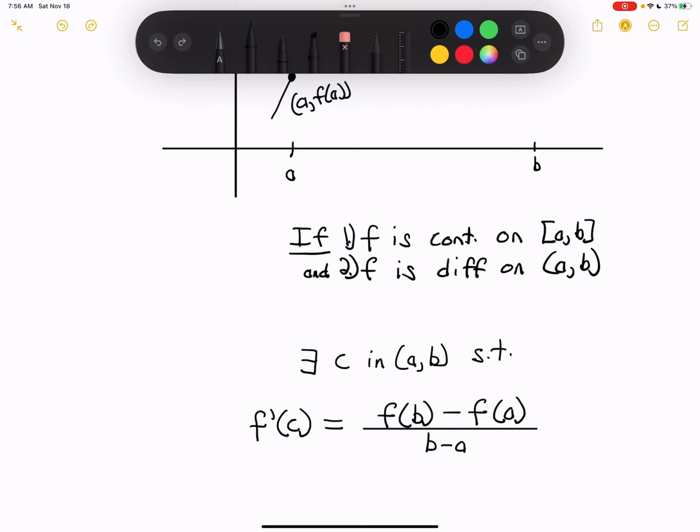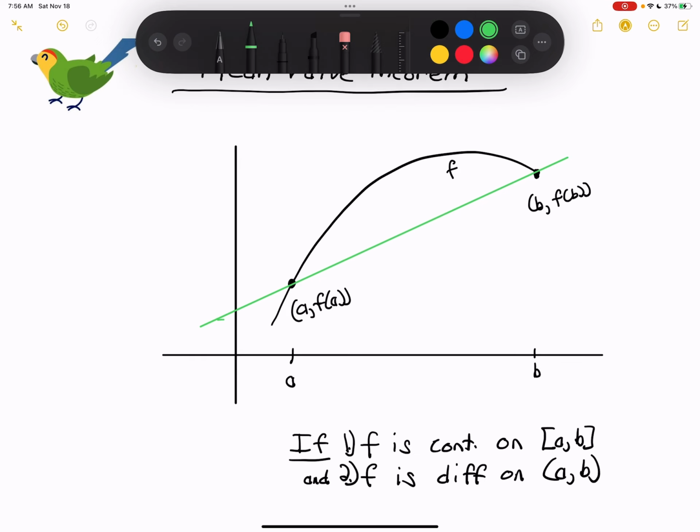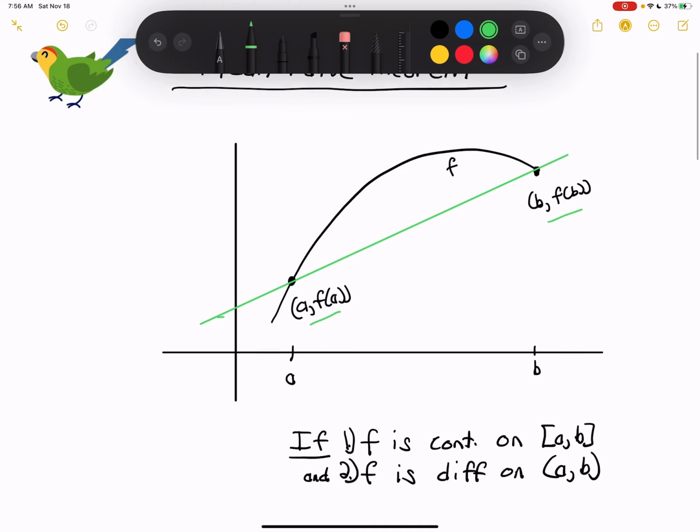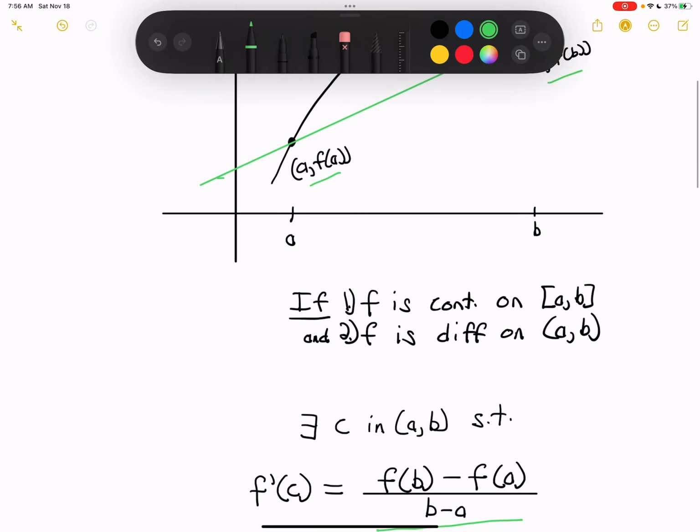So if I drew a line connecting the points a, f of a, and b, f of b, like so, well, this is a straight line, and this has a particular slope. To find the slope, you would just use the slope formula. I have 2 points, a, f of a, and b, f of b. And this is the formula for the slope of that line. We typically call that a secant line.